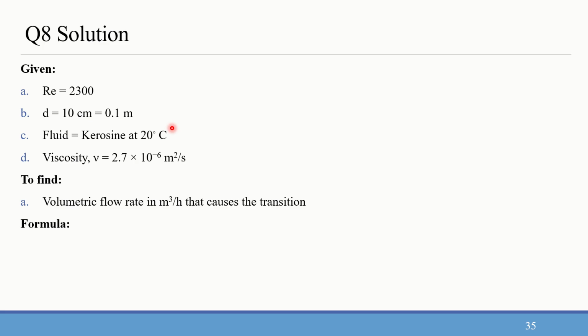First we need to use the Reynolds number to calculate the velocity, and later using the velocity we calculate the volumetric flow rate in meter cube per second, and after that we convert it to meter cube per hour. If you can solve it, it would be very good. I'll wait for 2 minutes, and if you can give the answer, good, or else we'll discuss the answer here itself. That is also not an issue.